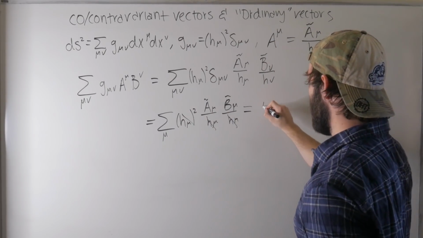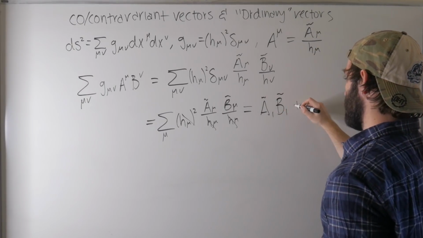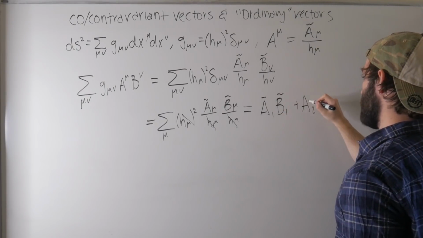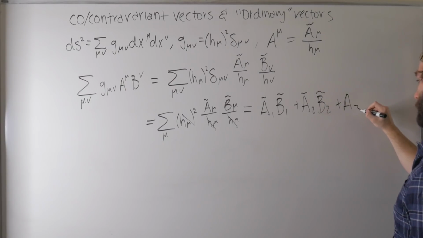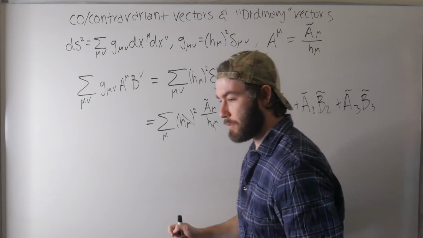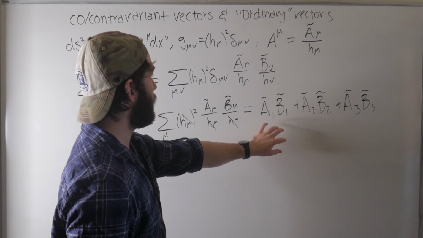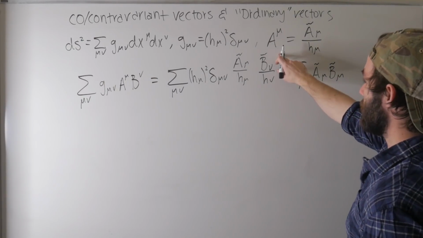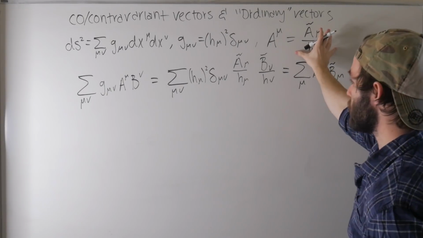This gives us our familiar A1 tilde B1 tilde plus A2 tilde B2 tilde. So we choose this kind of definition of the contravariant vector component to preserve the scalar product. Awesome, so we understand that we can relate this contravariant vector component with the ordinary vector component by this relation.